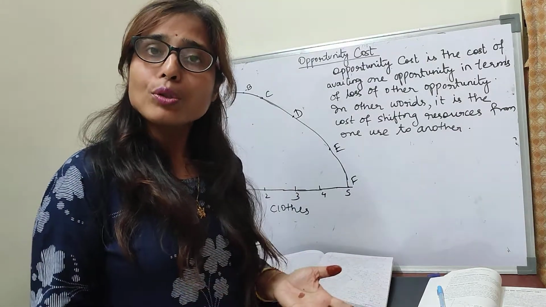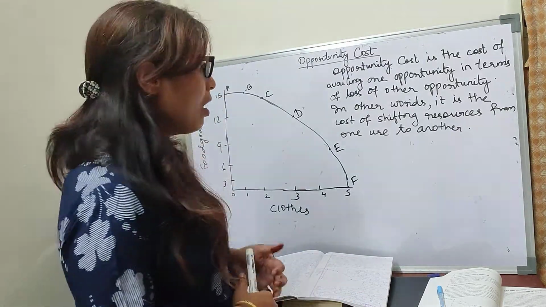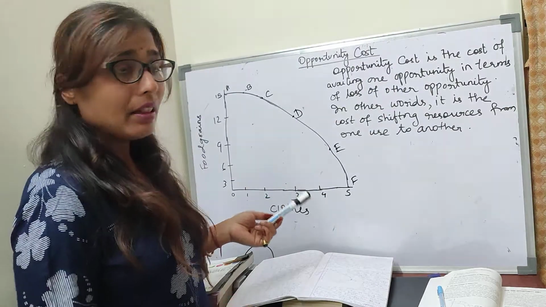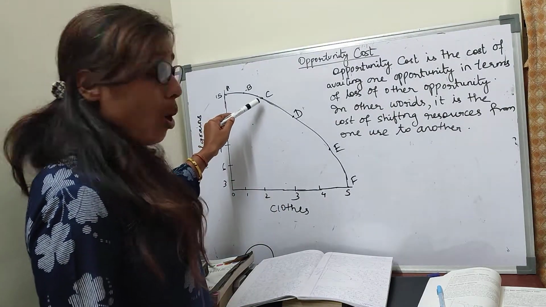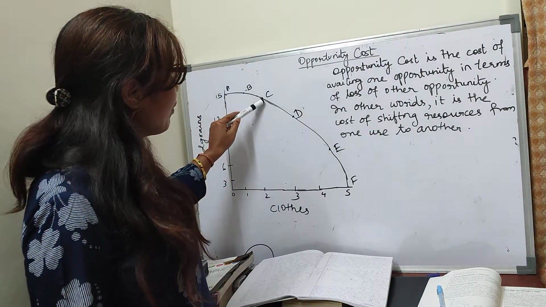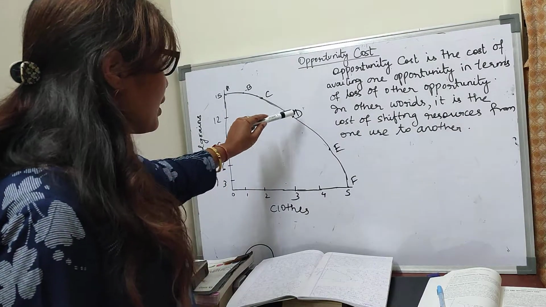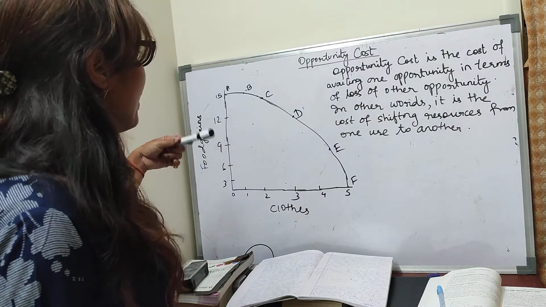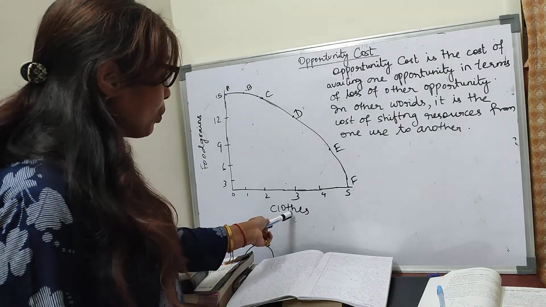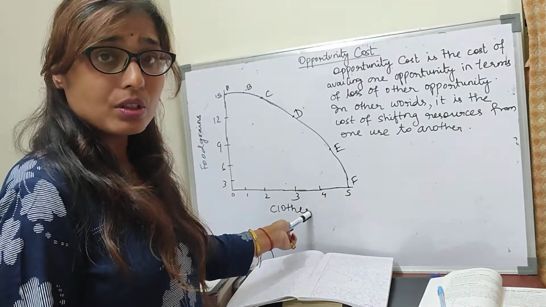Now what is the opportunity cost here? On the most fundamental level, the opportunity cost of moving from C to D is what? It is the food grain that must be given up in order to produce extra clothes.